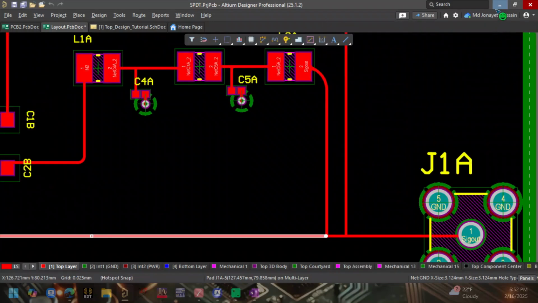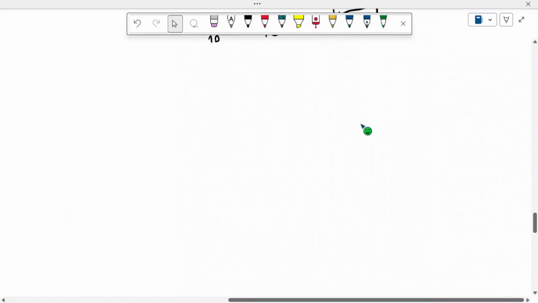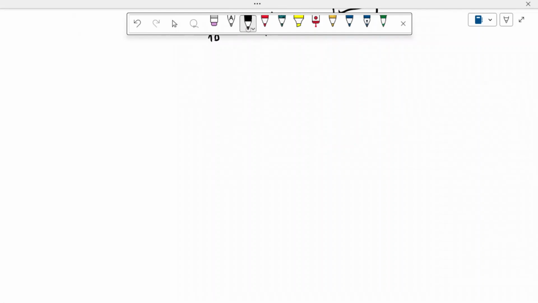But the problem comes in when you have a higher frequency. So when we have a higher frequency, let's think of a good frequency so that we can just tell what kind of problem we have. Let's think about we have 2 gigahertz of frequency going through.